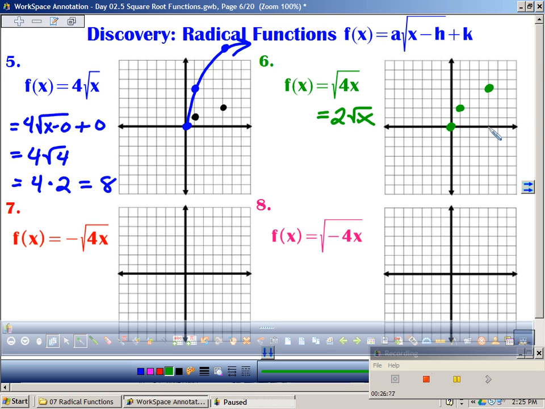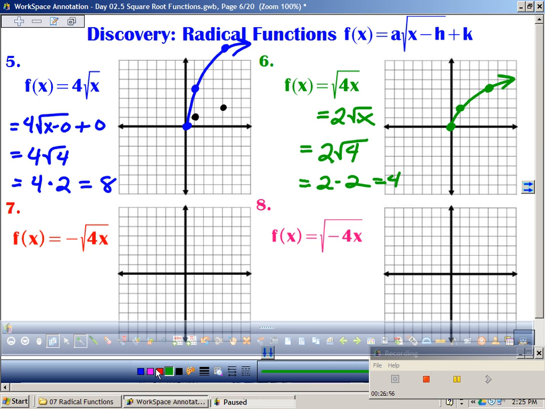For the one that was scaled 4, I went over 4 up 8 because it was 4 times 2. Now it's 2 times 2, so it's 4. What do we do if we don't know? What if we're not sure? Substitute in. So if I substitute in 4, I get 2 times the square root of 4, which equals 4. Over 4 up 4.